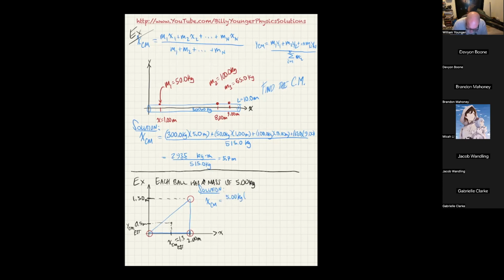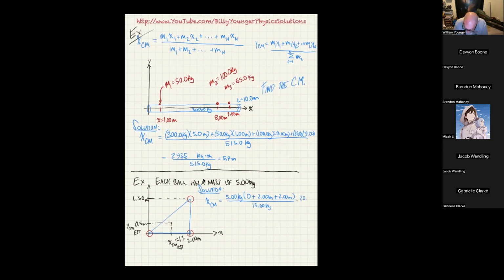The first mass is at 0, the second mass is at 2.00 meters, and the third mass is also at 2.00 meters, at least left and right. The total mass, of course, is 5 plus 5 plus 5, which is 15.00 kilograms. So basically we have 4 times 5, which is 20.